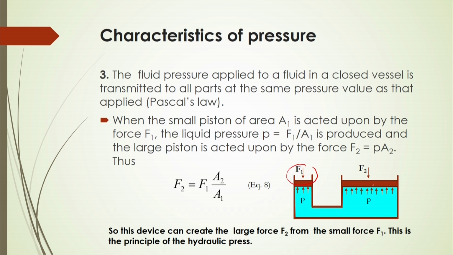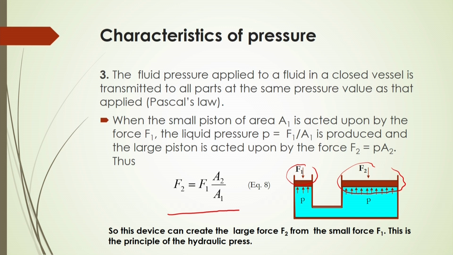Similarly, the same pressure will be acting on the cross sectional area of this piston, and in this case P is equal to again F2 by A2. So, if we equate these two pressures, then you can have equation 8. So, this is nothing but that F2 will be equal to F1 into A2 by A1.